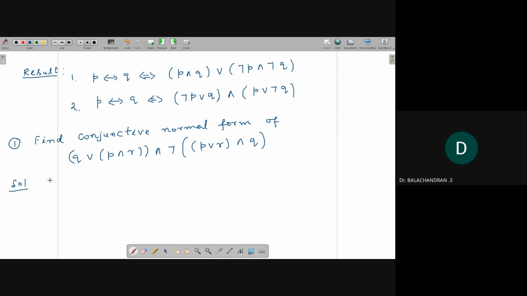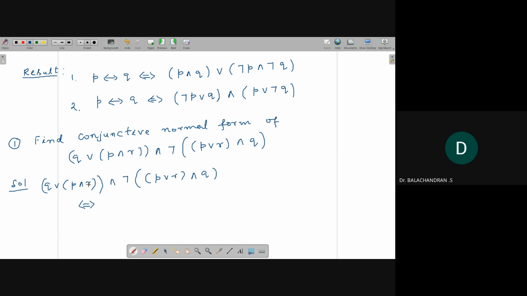So okay, I'll write the same expression: Q or (P and R), and negation of (P or R) and Q, which is equivalent to.